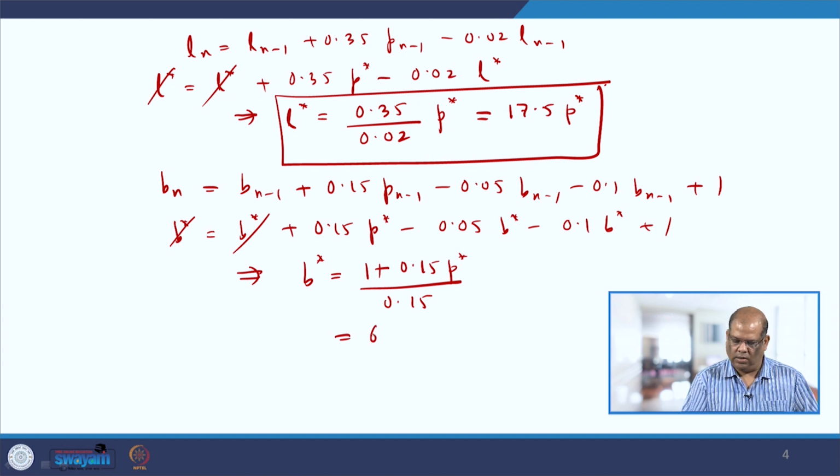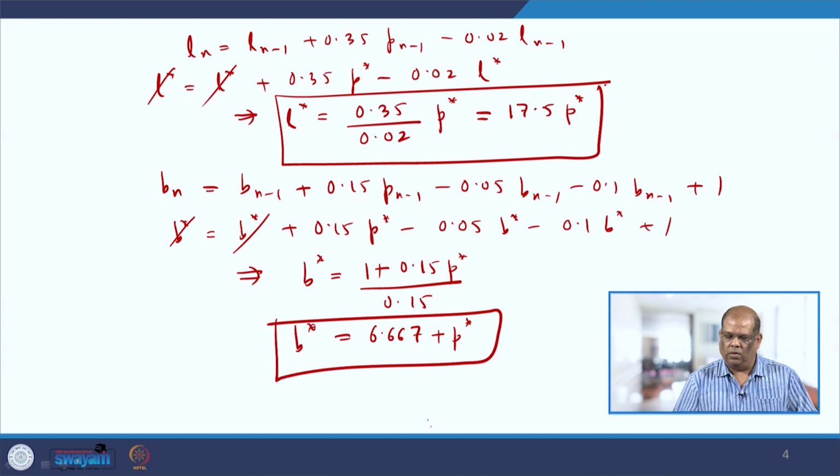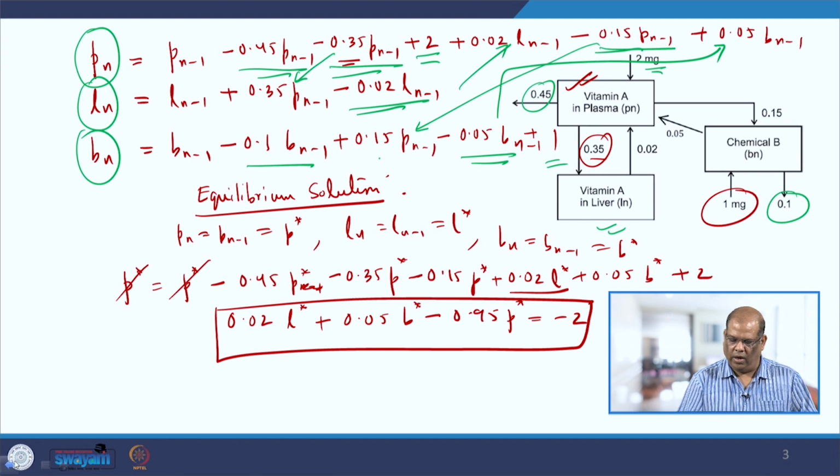So I will get 6.667 plus P star. So I got L in terms of P star, I got B in terms of P star, and I will substitute it here to calculate the P star.